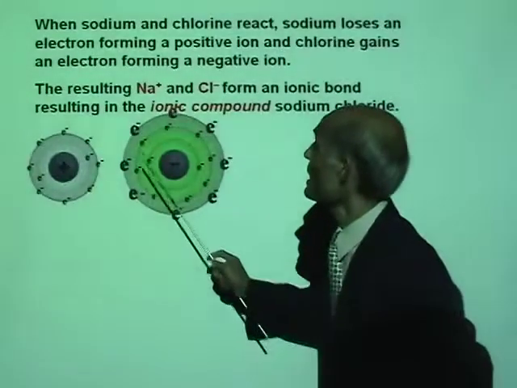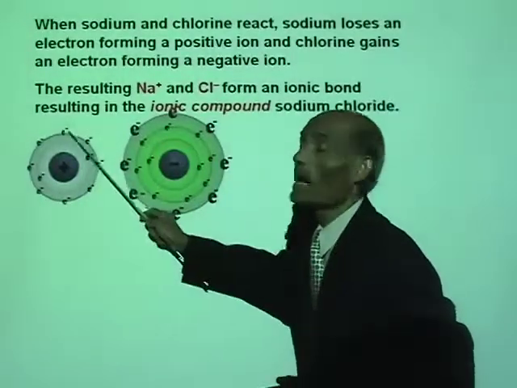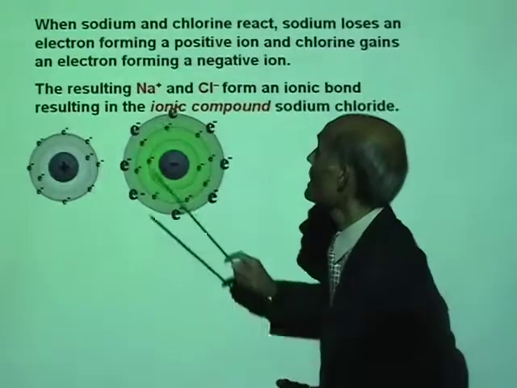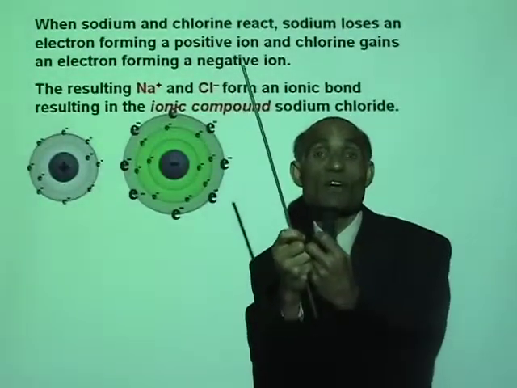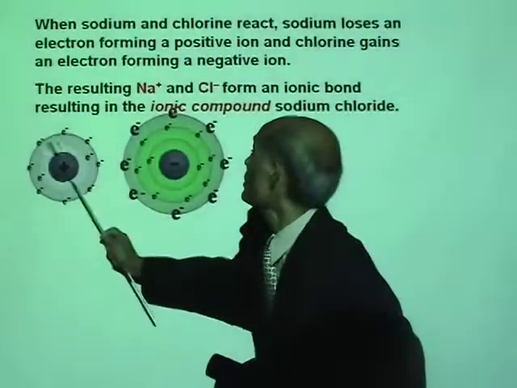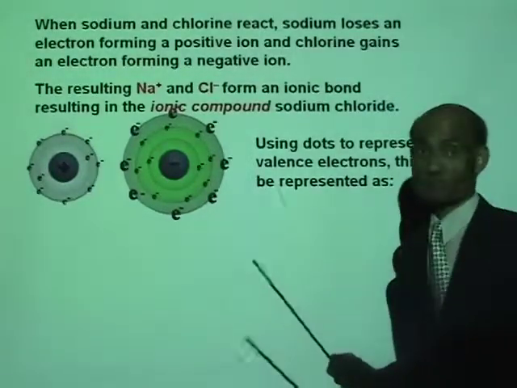Alright, here we have the arrangement. This is the sodium ion, the positive ion. This is the chlorine negative ion. They stay together forming the ionic bond, and this is the ionic compound sodium chloride.